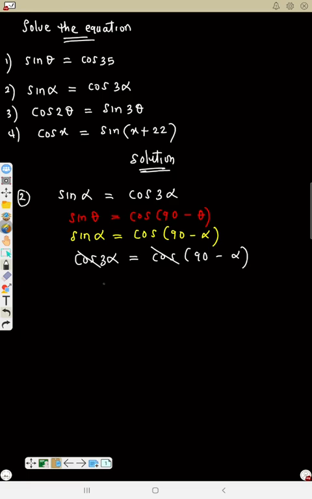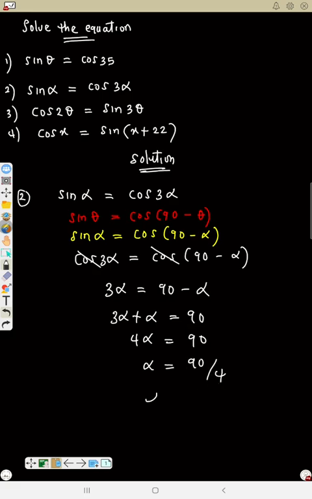Cos should cancel out, and I'll have 3 alpha equals 90 minus alpha. Collect the like terms. So 3 alpha plus alpha equals 90. So 4 alpha equals 90. So alpha is 90 divided by 4.